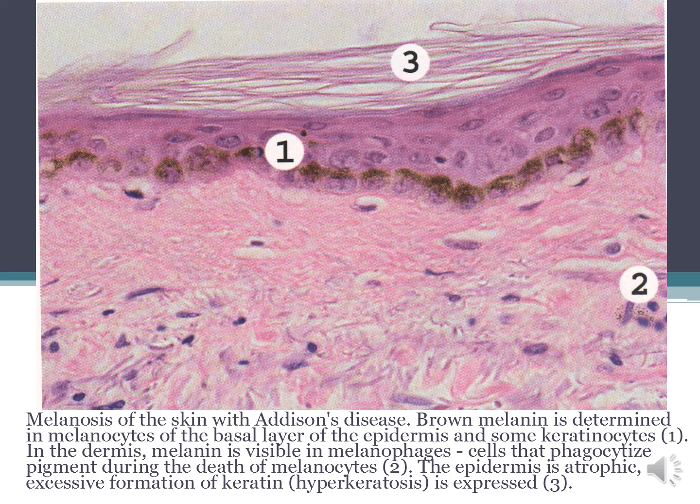So here you see the accumulation of pigment, but all of it is a result of melanocytes' death and then further phagocytosis by macrophages, and then they can be found here in the dermis. Look that the epidermis is atrophic. Also, we see the excessive formation of keratin. We call it hyperkeratosis, which is clearly seen here in this picture.